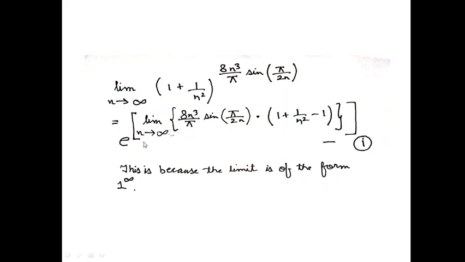This is a formula that you use whenever you get a limit of the form 1 power infinity: you equate the limit to e power the index of the term tending to infinity multiplied by the base 1 plus 1 by n square with 1 subtracted from it. This is a formula we use for solving such equations.